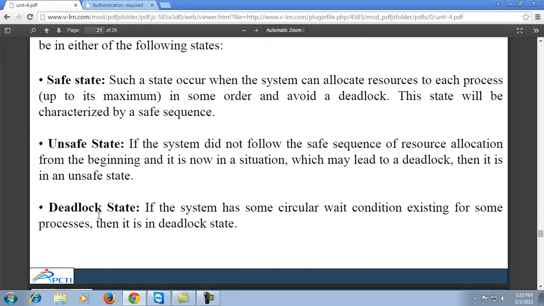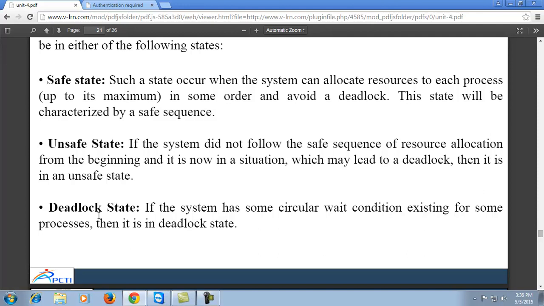This state occurs when the system can allocate resources to each process in some order and avoid a deadlock, up to the maximum allocation of resources required for completion of a particular task. This state is characterized by a safe sequence.